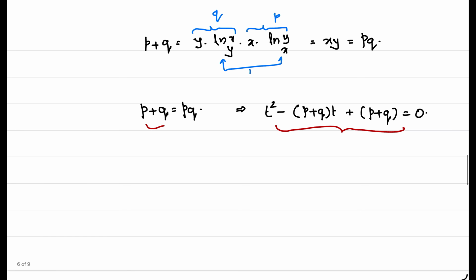Because from this, P plus Q minus PQ is equal to 0, we have written it in this form.